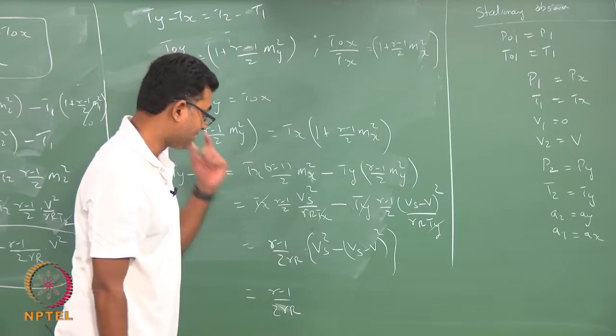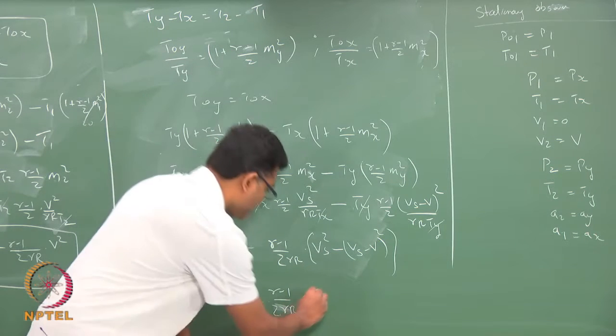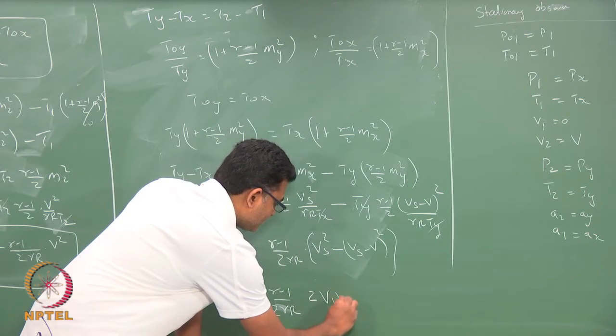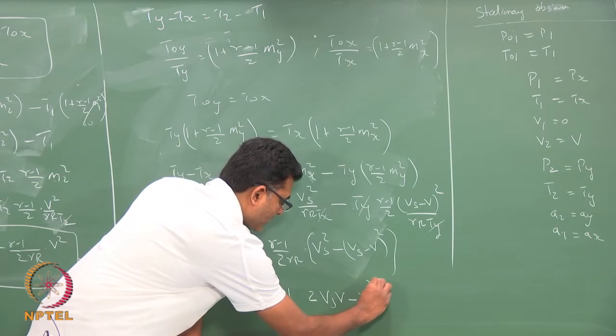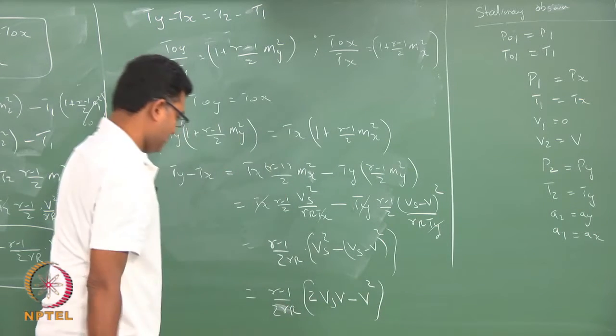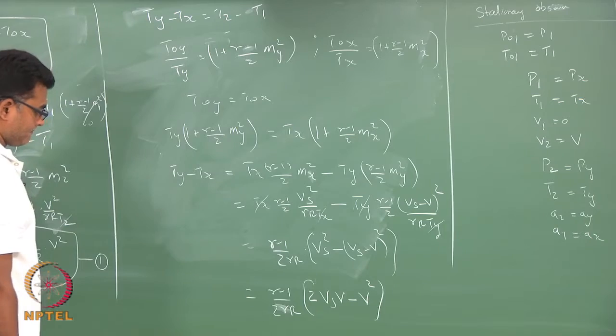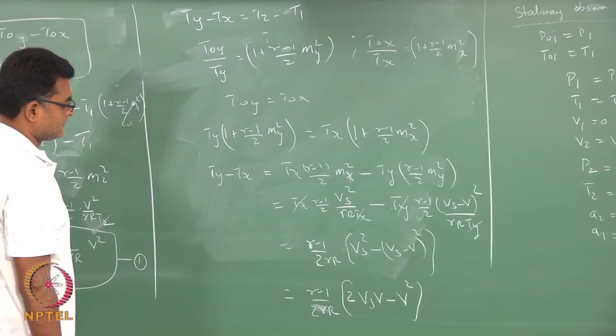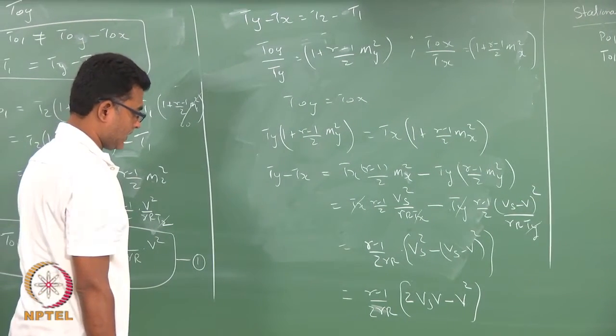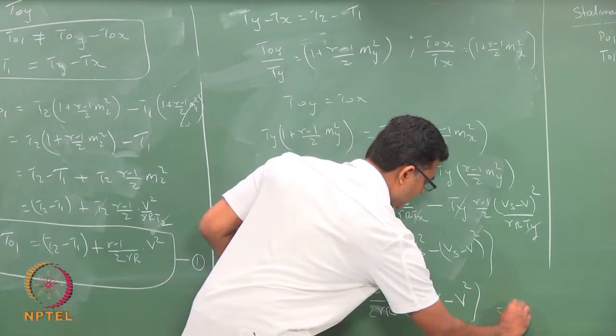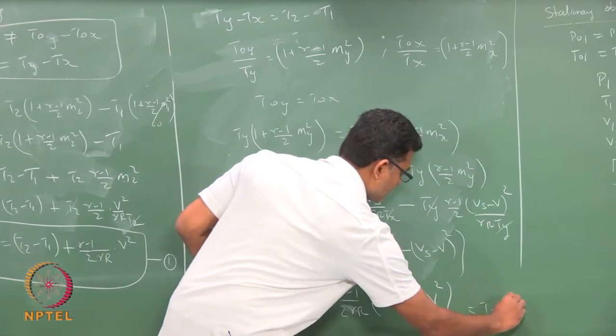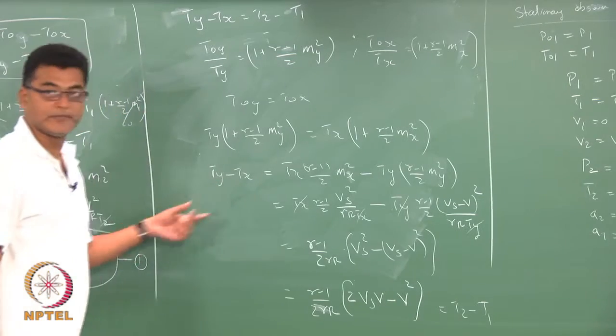So, you end up with 2 Vs V minus V square, which is also equal to my T2 minus T1 because the static quantities are same.